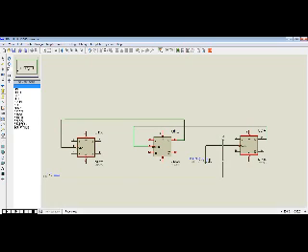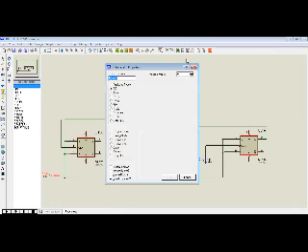These are the inputs to the JK flip-flop. Then we make sure that this is high.